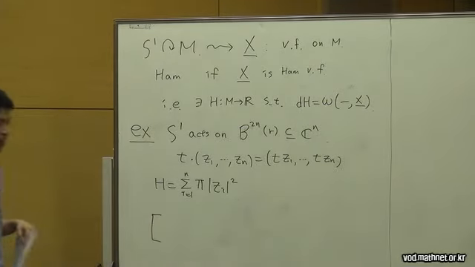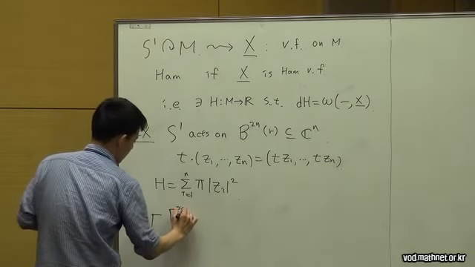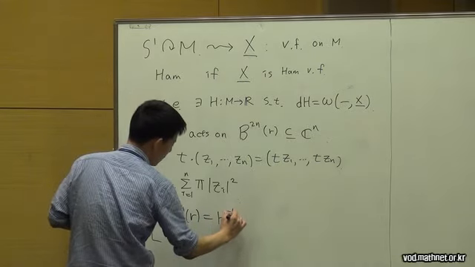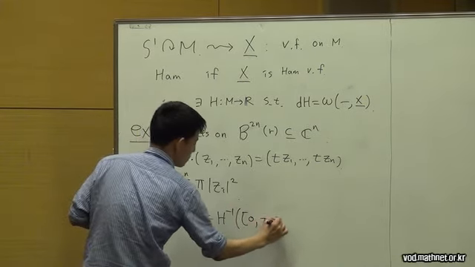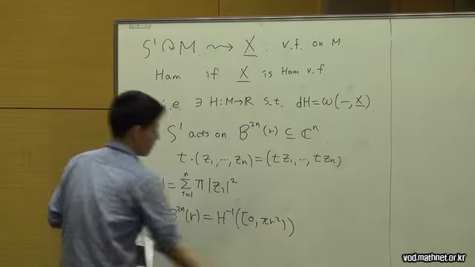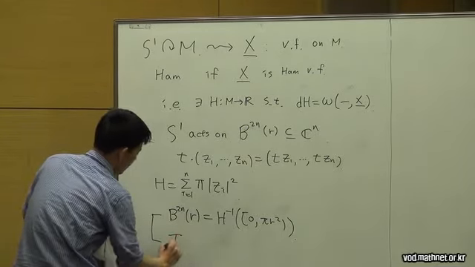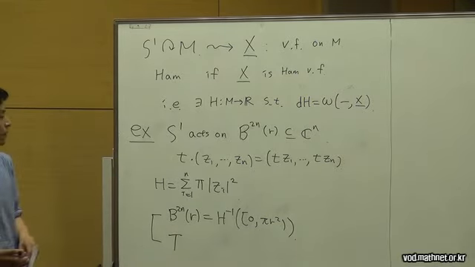First one is this ball is the inverse image of the moment map of this interval. And second thing is the period here, the period of the Hamiltonian vector field is, okay, sorry.